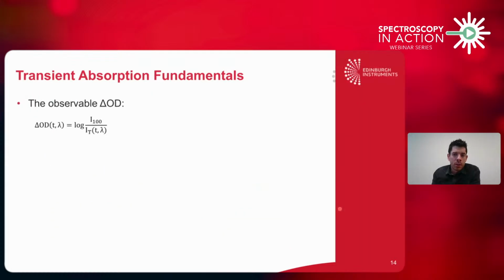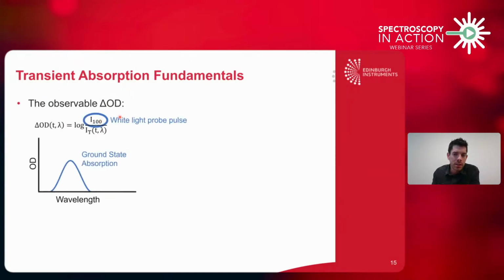So let's look at how the calculation of the delta OD takes place. That's the equation that is used in order to calculate the delta OD. The numerator represents the ground state absorption, which is obtained by measuring the probe background through the sample. That's what we saw before.